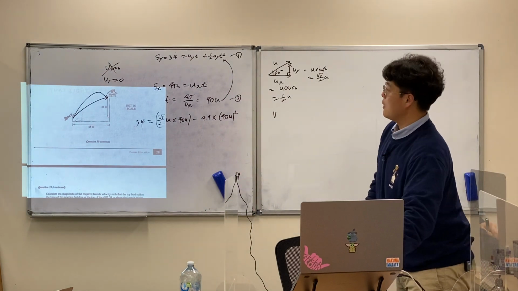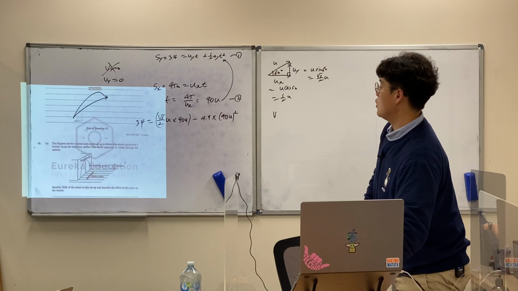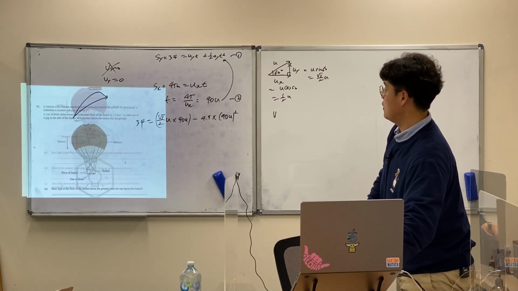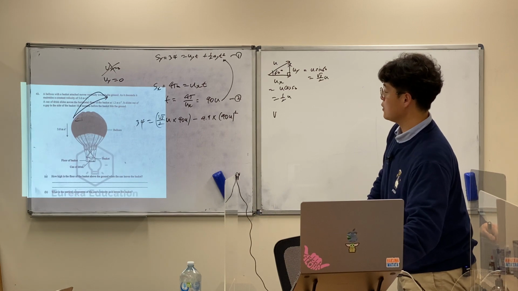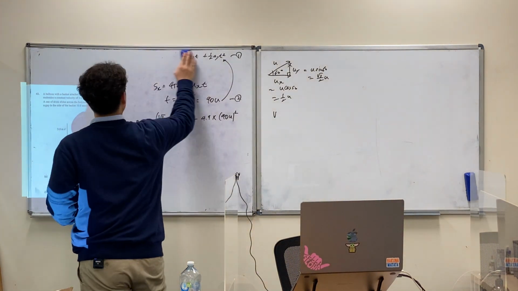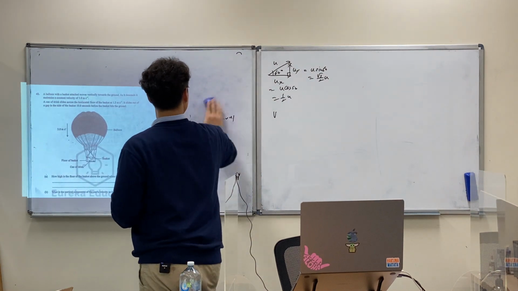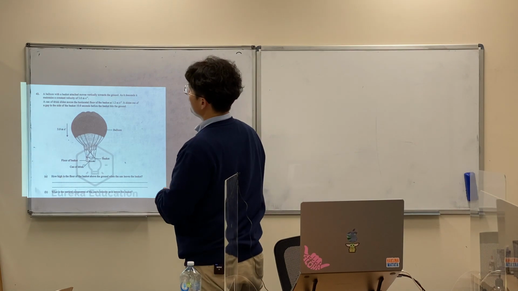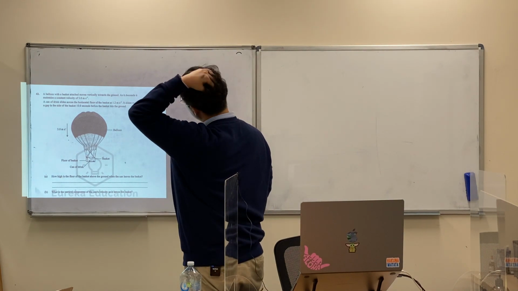All right. Next one was 40 what? 42. Oh, the last one. Okay. A balloon with the basket attached moves vertically towards the ground.